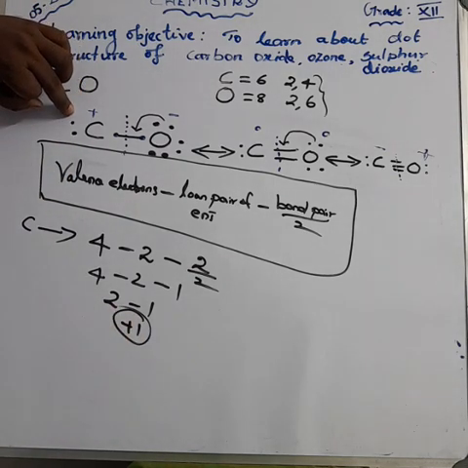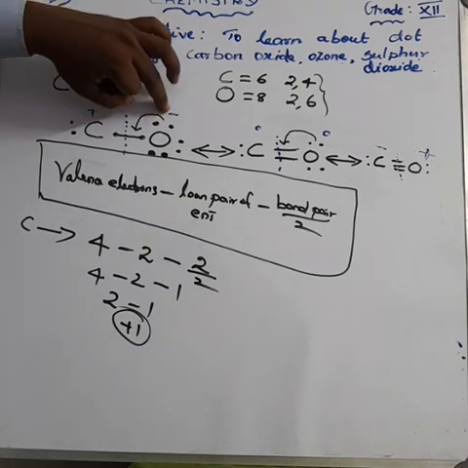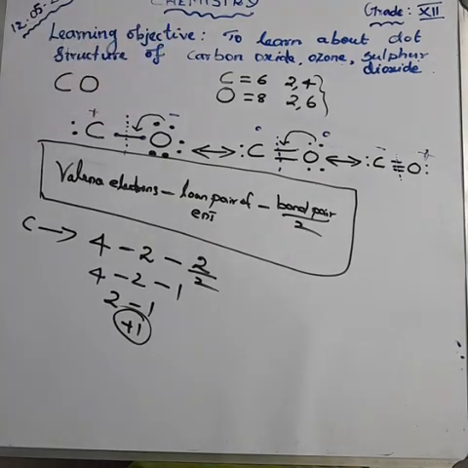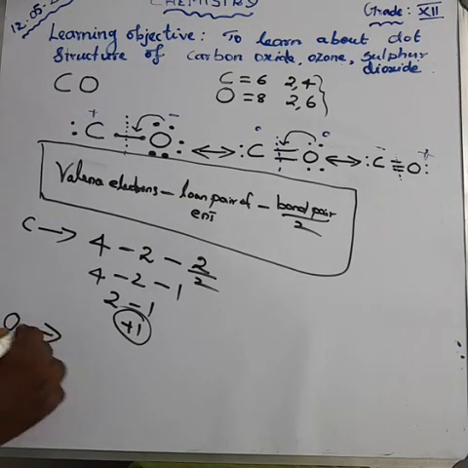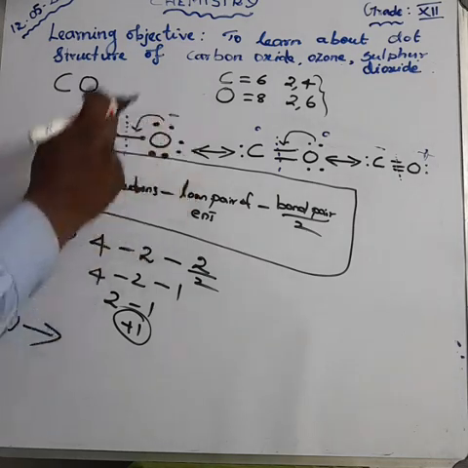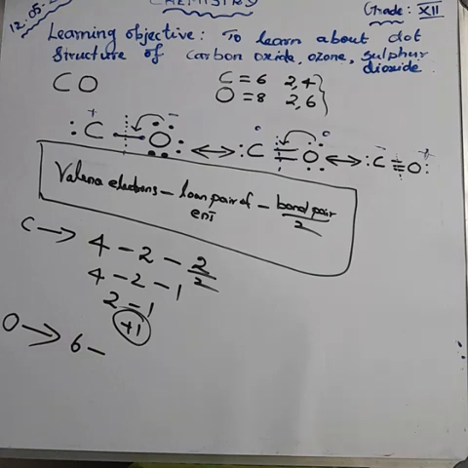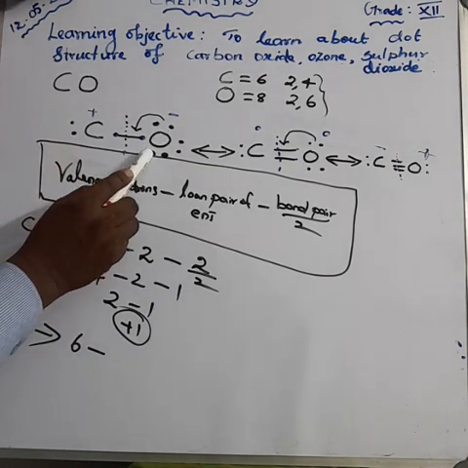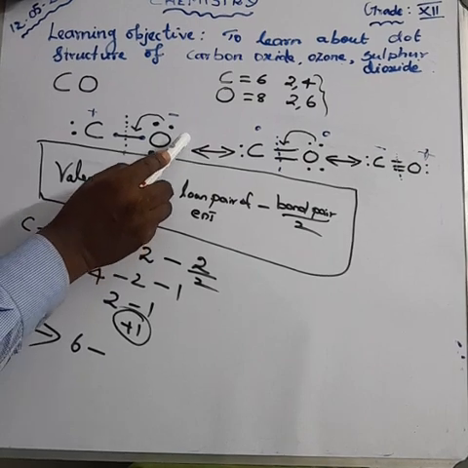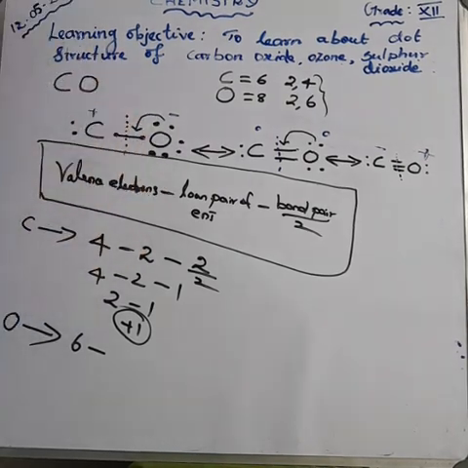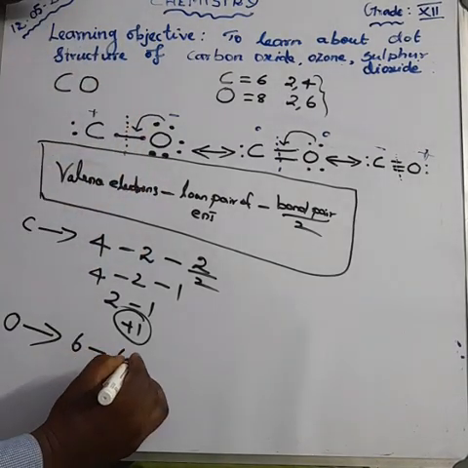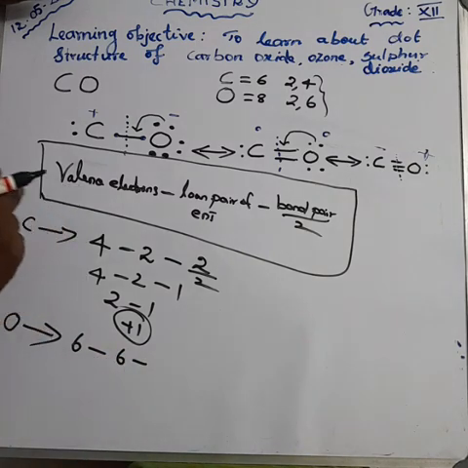So this is the charge, plus charge, for carbon. What about the case of oxygen? We can find it for oxygen. What is the valence electron of oxygen? 6 minus. How many lone pair electrons does oxygen carry? 1, 2, 3, 4, 5, 6, 6 electrons. Am I right? 6 minus. How many bond pairs?